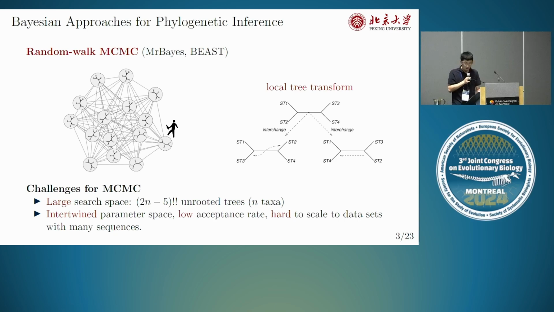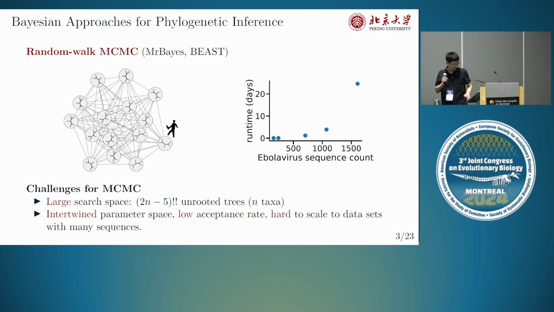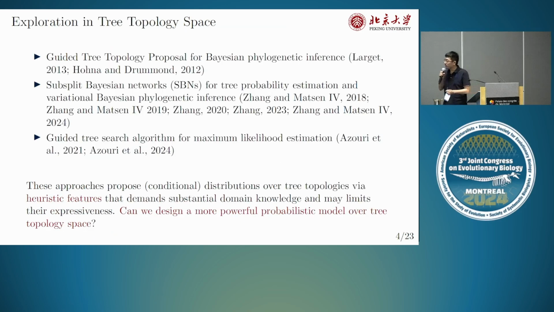Okay. So in the past few decades, people have realized that actually the bottleneck really resides in exploration of the tree topology space. So we have developed many ways, like guided tree proposals for Bayesian phylogenetic inference, pioneered by Larget, Höhna and Drummond in 2012. And then later on, this is called conditional clade distribution.